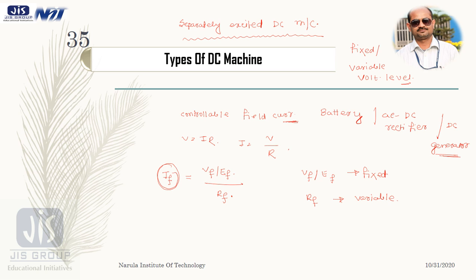So the current is obtained from a fixed voltage source and variation of current is achieved by changing the resistance of the field circuit. Okay. So what will be the circuit of this category? Let me draw the circuit.